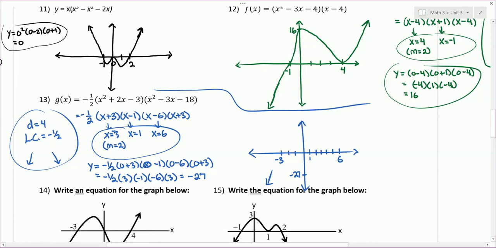Move towards your first x-intercept, which is at negative 3. Going to bounce off negative 3 because it's a double multiplicity. Come down to negative 27. Go back to 1. Going to pass through 1 because it's a multiplicity of 1. Come back to 6. Go through 6 because it's a multiplicity of 1. And there's our sketch.